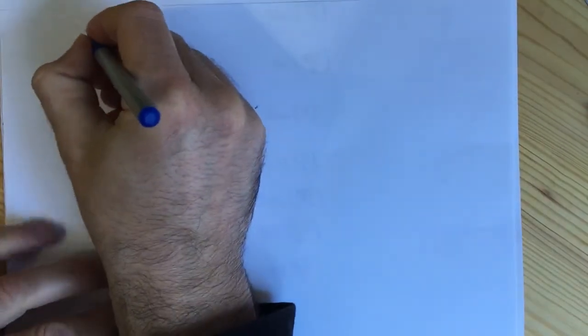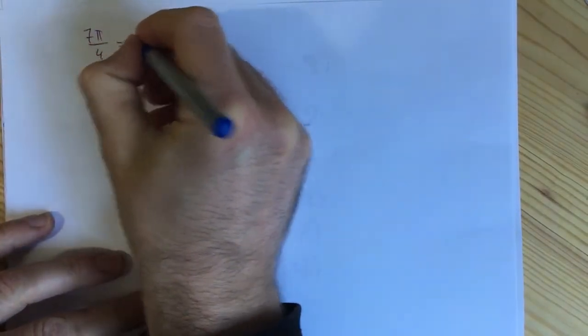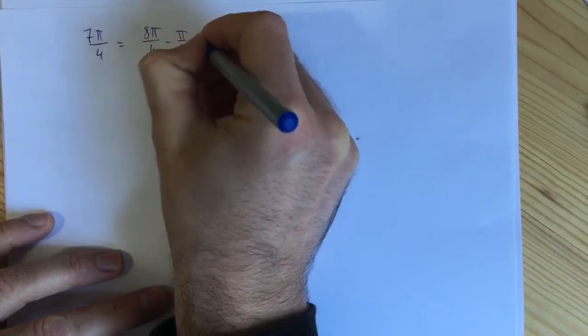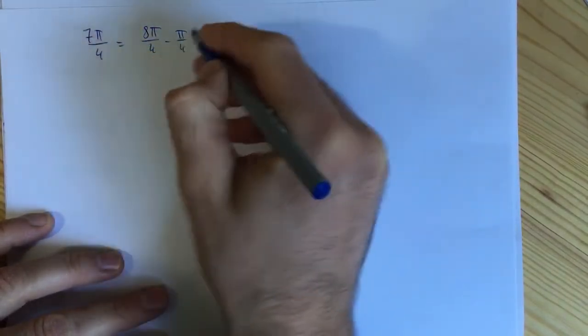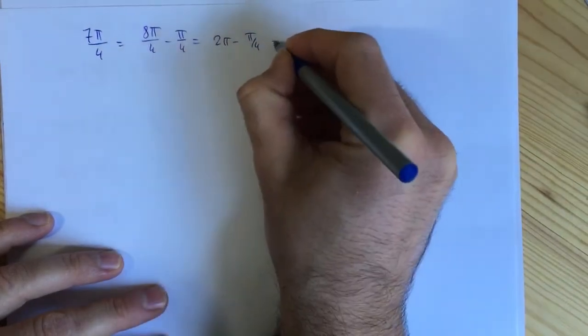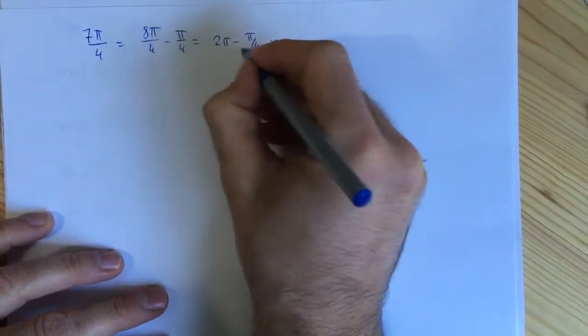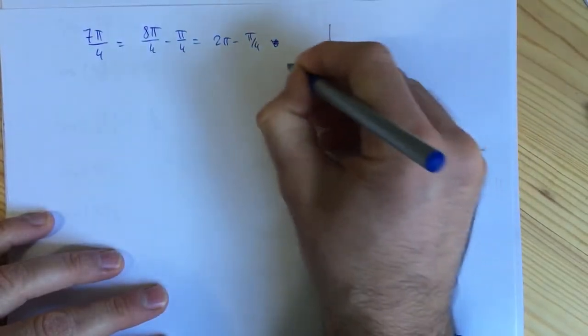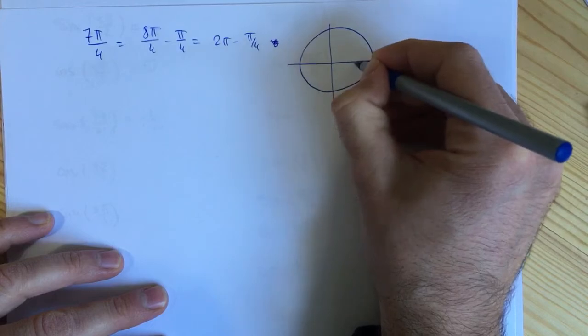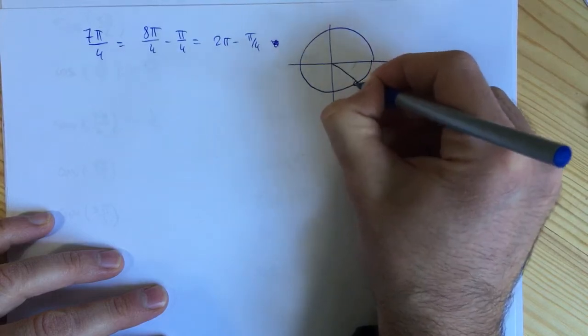Cosine of 7 pi over 4, well, 7 pi over 4 is equal to 8 pi over 4 minus pi over 4. So basically you're trying to find where this angle is. 8 pi over 4 is 2 pi, minus pi over 4, which is 7 pi over 4. So that's 2 pi full circle minus pi over 4.